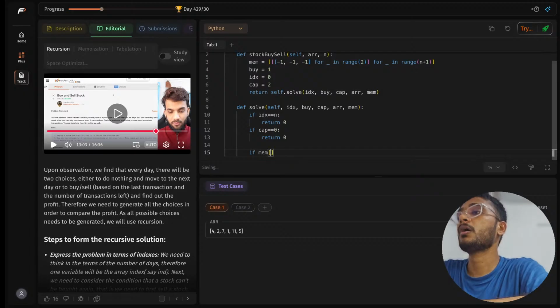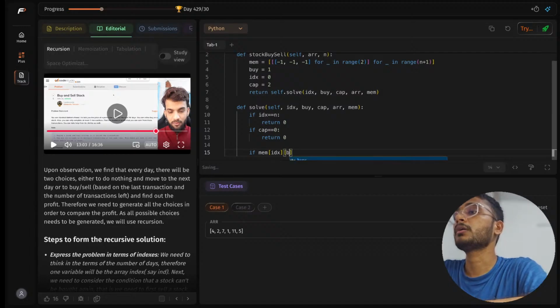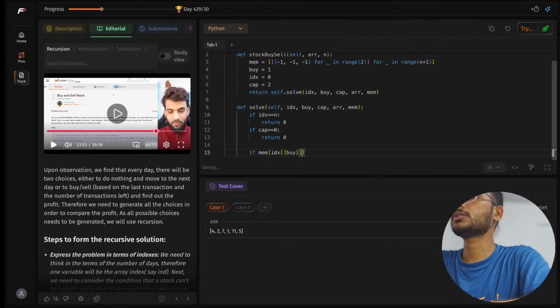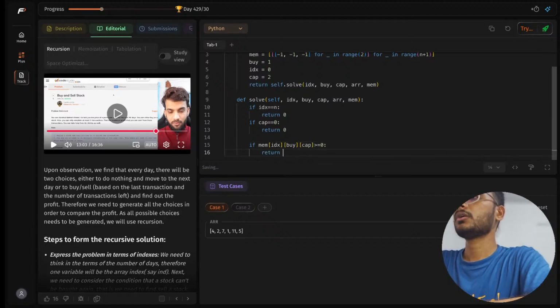If mem of idx and buy and then the capacity is greater than or equal to 0, return. Why will I write it?